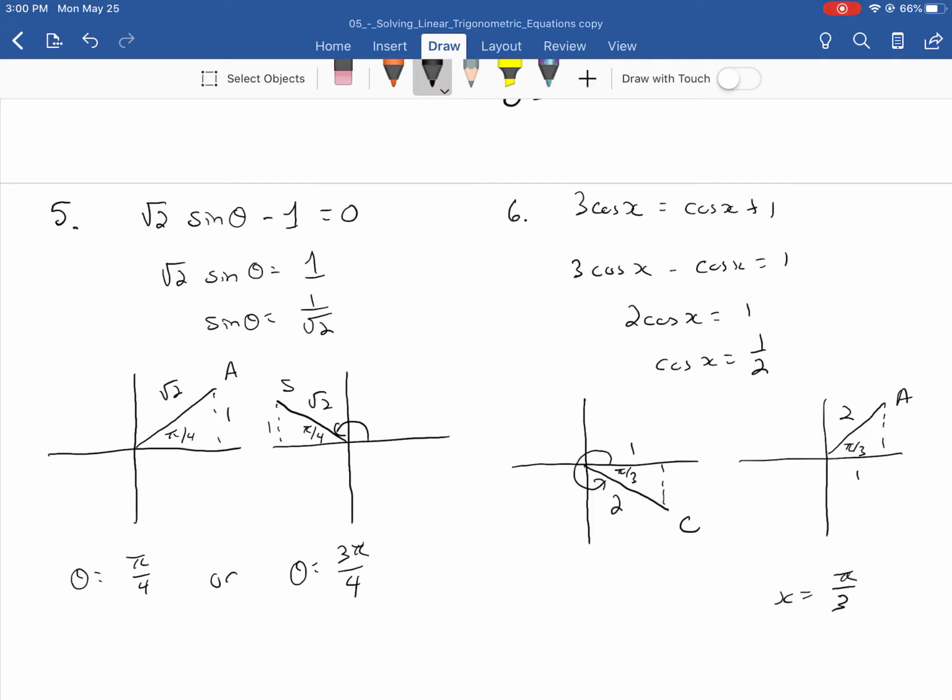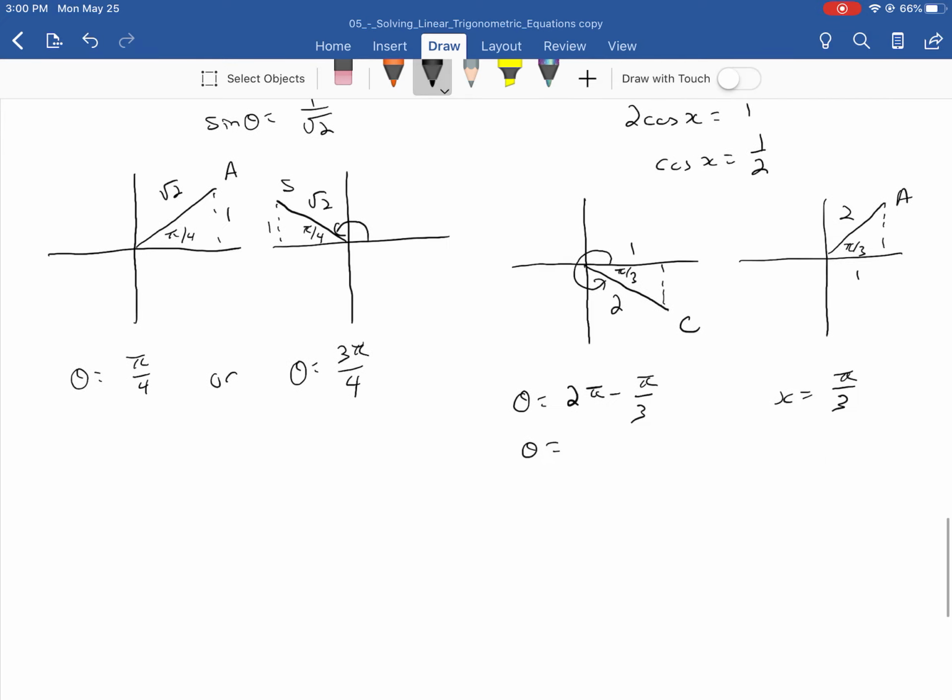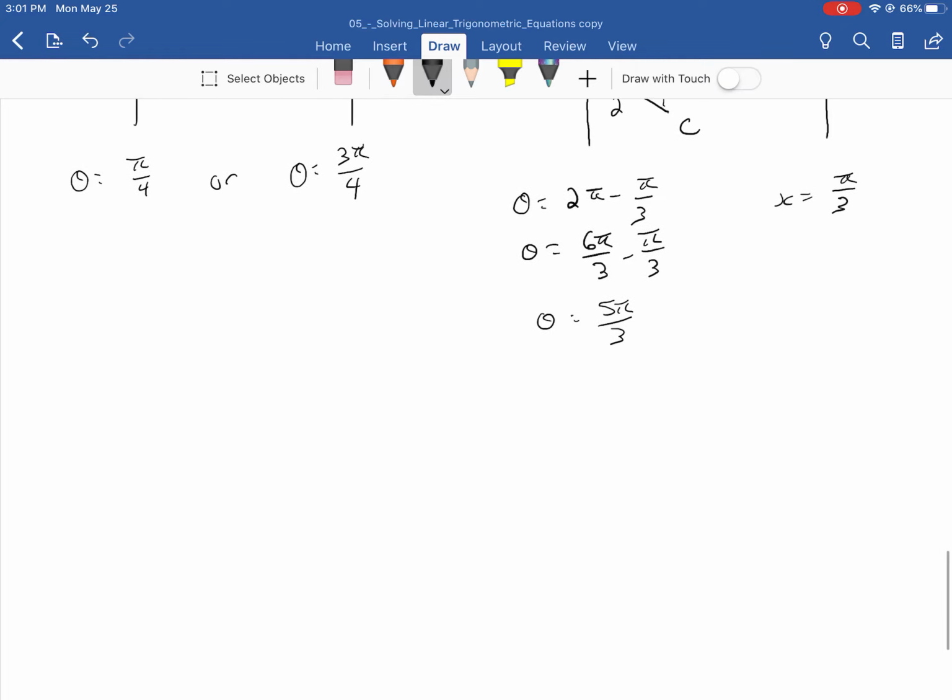That's a pi over 3 in there, and that's a pi over 3 in there. So my two answers, x could be pi over 3 in this picture, this one here. Okay, all the way around would be 2 pi. But I've got to subtract pi over 3 over that. So I'm going to think of 2 pi as 6 pi over 3, subtract a pi over 3, and I get 5 pi over 3.